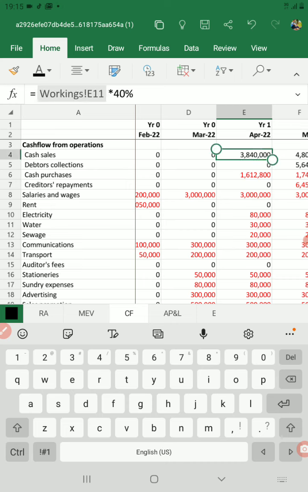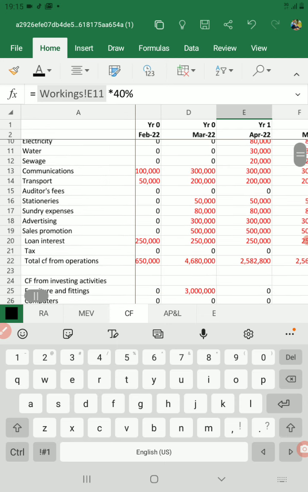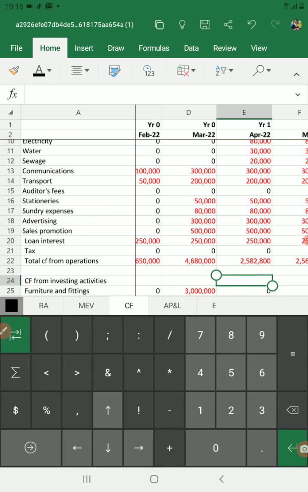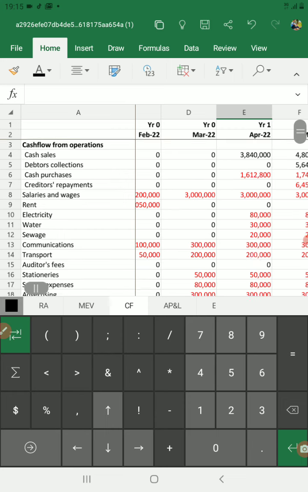That's why the percentage for cash sales is greater than 100%. So that explains why the percentage is greater than 100% and why it is negative, because the common denominator used for division is negative, okay? So that's the explanation for April.